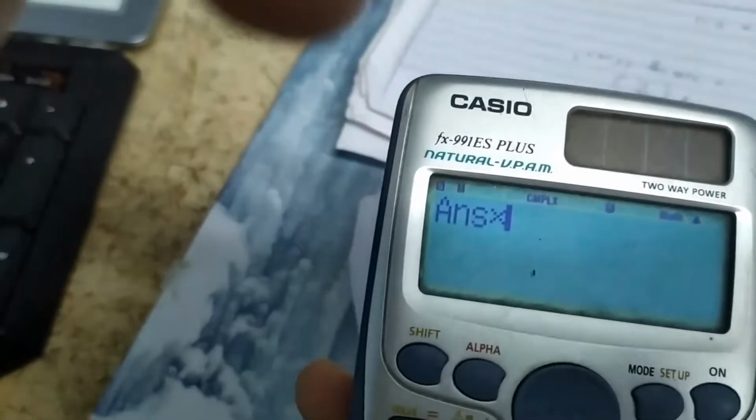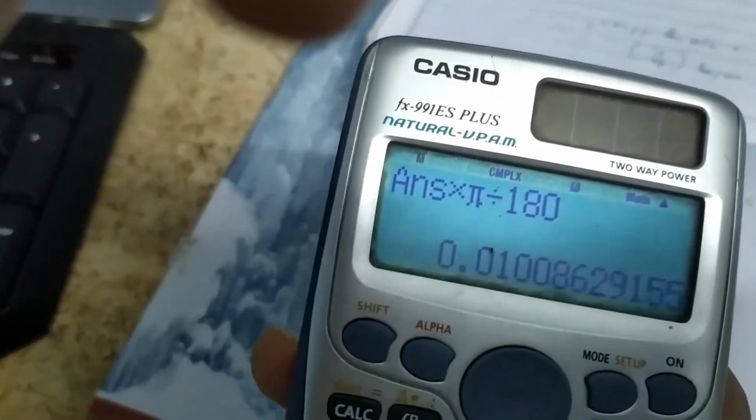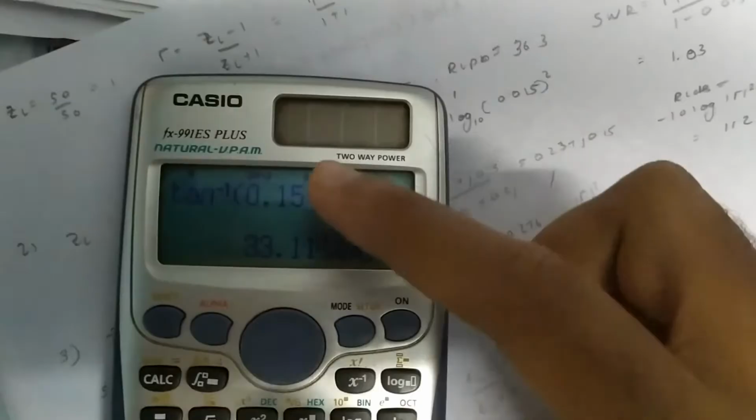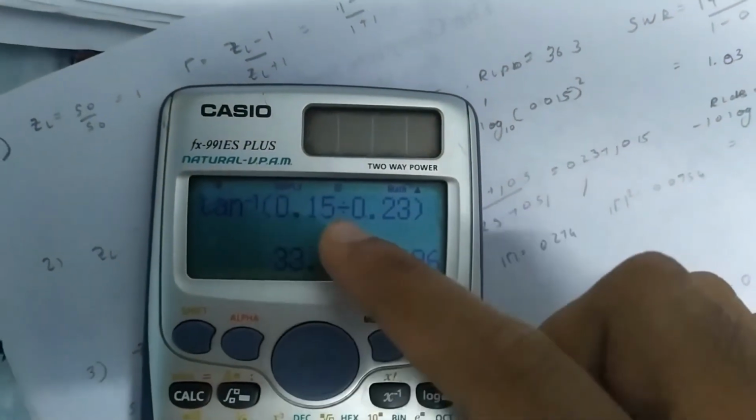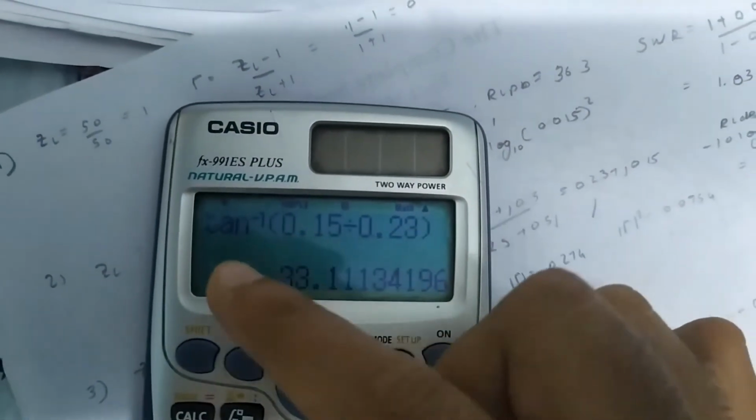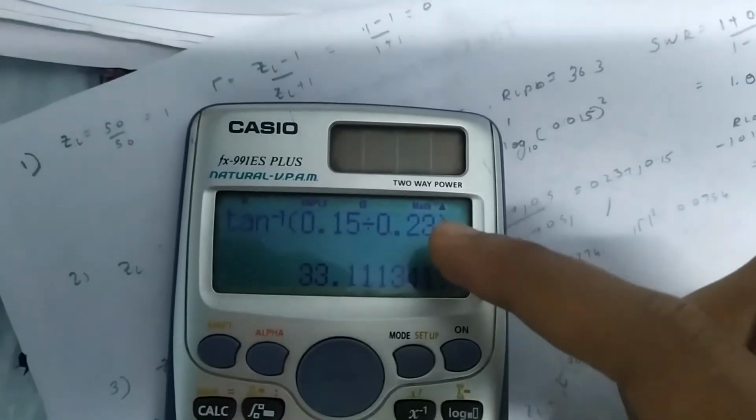To convert it into degree you can just make the calculator in degree and find the ratio of tan inverse of imaginary part upon the real part.